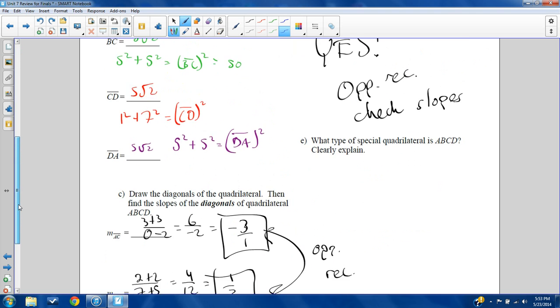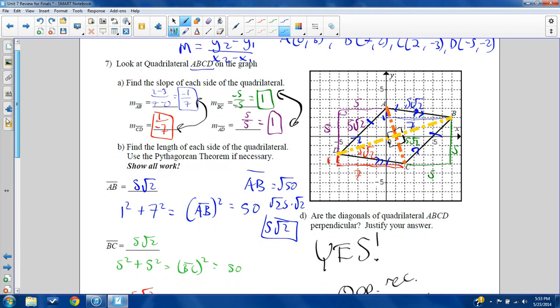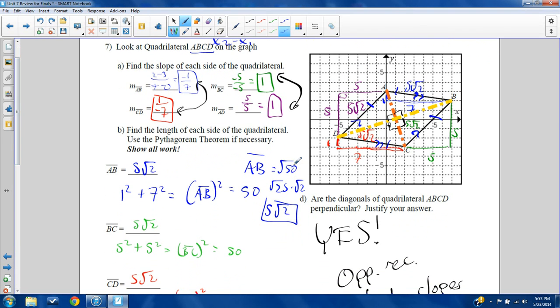Now, this could also potentially be a square. The way that you determine that it's not a square is by looking at these original slopes again. You have to compare negative 1/7 to 1. These would have to be opposite reciprocals of each other, right?